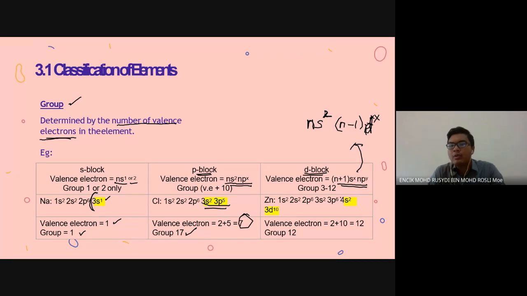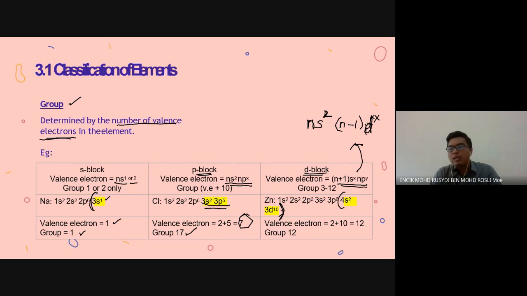Okay, so for example here, let's look at zinc. For zinc, its electronic configuration is 1s2, 2s2, 2p6, 3s2, 3p6, 4s2, 3d10. So we take this last part here, the last two parts. Okay, so 4s2, which is (n+1)s, x we can make it 2, so 2 here.